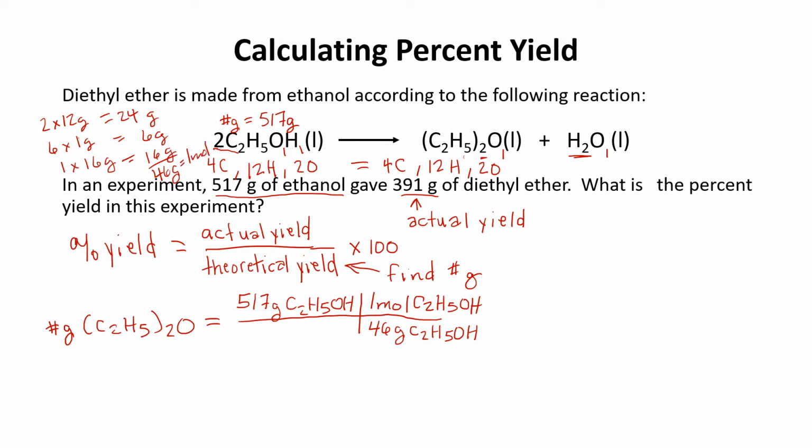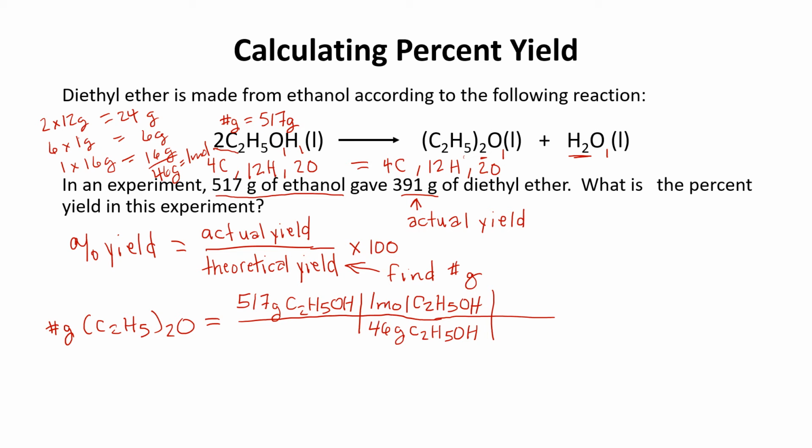And so we use that as a conversion factor. Remember, I said do not use the stoichiometric coefficients to calculate molar mass. I repeat, do not use the stoichiometric coefficients to calculate molar mass of your substance.